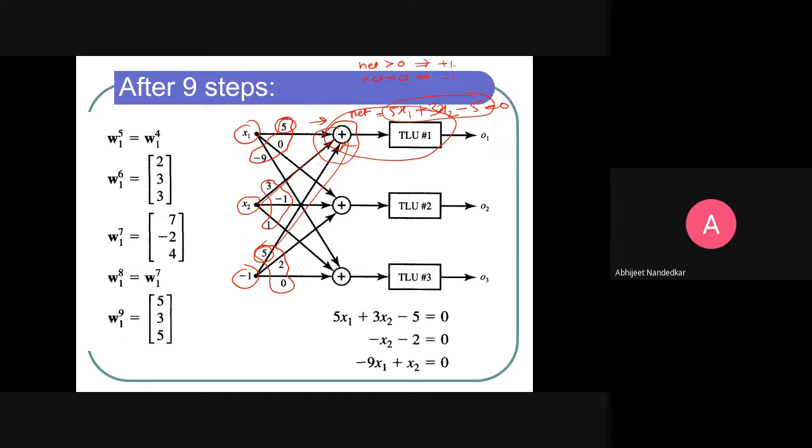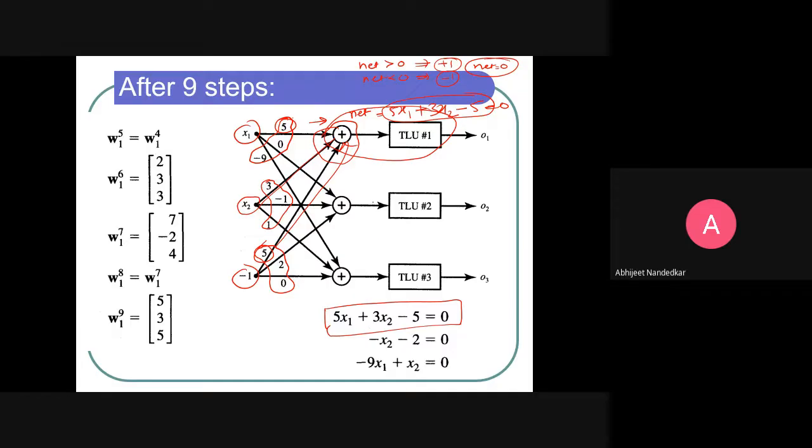Since I want the output for class 1 to be plus 1, I am training accordingly. For the rest of the classes, the output requirement is minus 1. The point where I cannot take a decision is net equal to 0, so that is my decision boundary. What is implemented by neuron number 1 is this particular line.